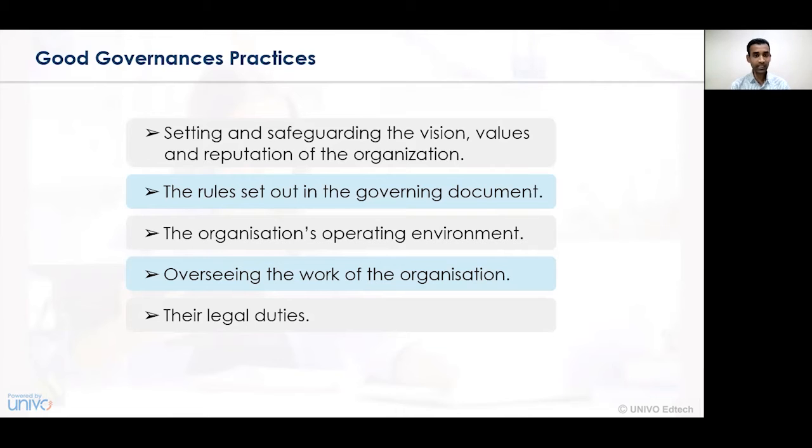So within the deadline, the stores department has to see that the goods are delivered to the respective stores or the manufacturing or the shop floor department, and accordingly the goods are in transit. So in this case, it is the coordination of activities by all the departments together for seeing that the operating environment is effective. So that forms part of good governance practice.